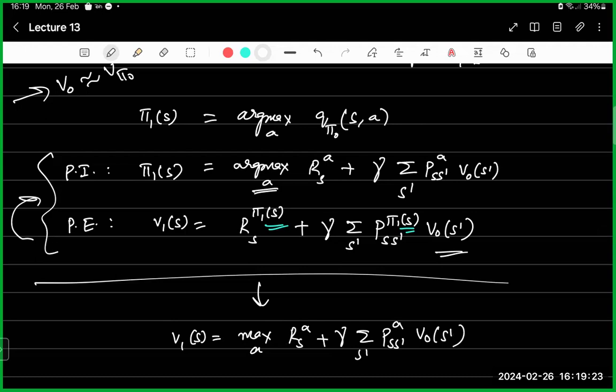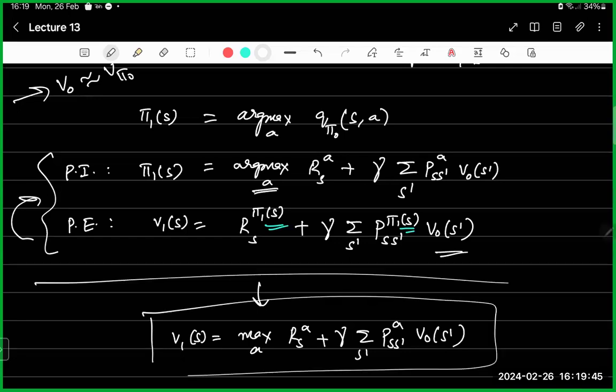So that means it's like max of that function, right? Is this clear? So I took argmax in the first step and just substituted that value in the second step. So effectively, it's like finding the max of the first thing.